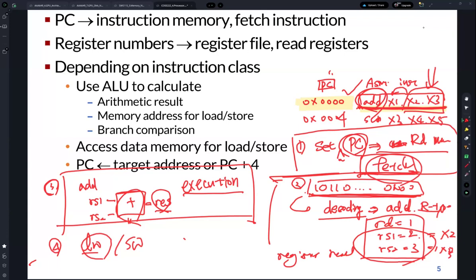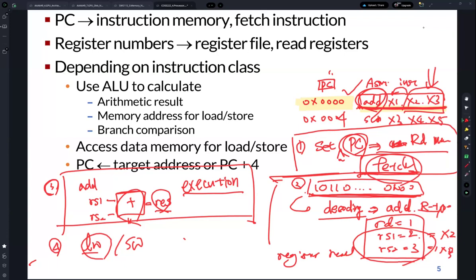These load and store instructions need to access memory, which means that the execution part is different.